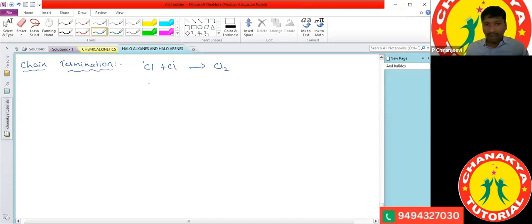Or two methyl radicals, CH3 radical plus CH3 radical, combine to form ethane, CH3-CH3. Or one methyl radical plus one Cl radical combine to form methyl chloride.